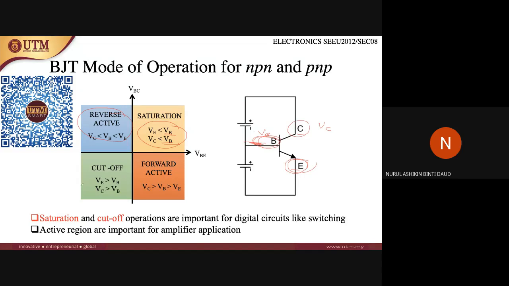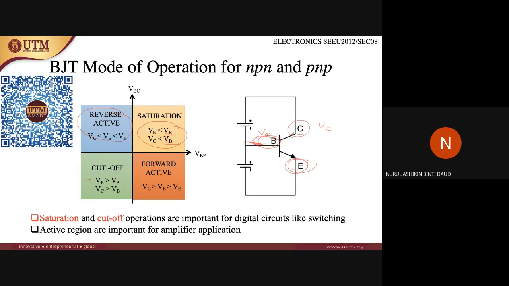For the cut-off region, either VE, the voltage at the emitter, is larger compared to the voltage at the base, or the voltage at the collector is bigger compared to the voltage at the base.